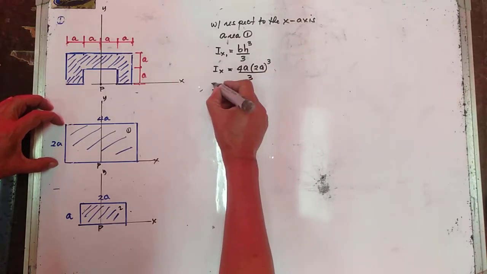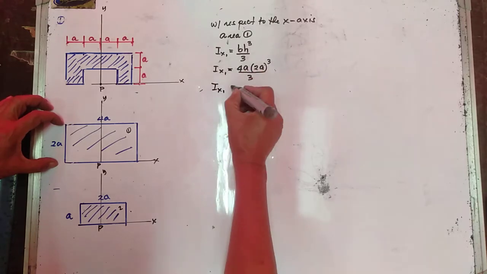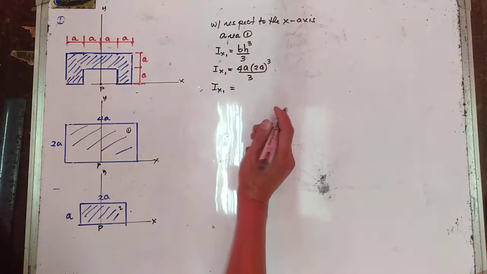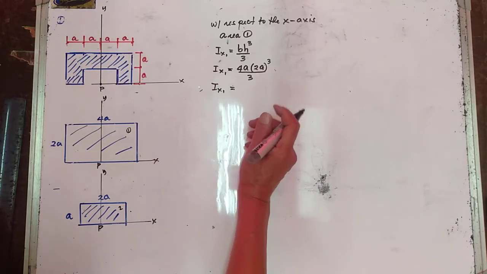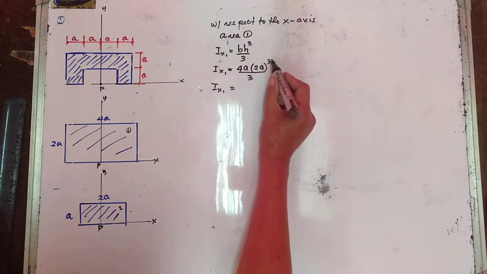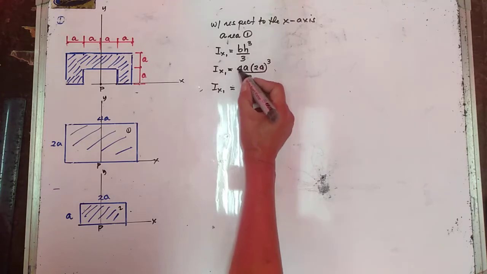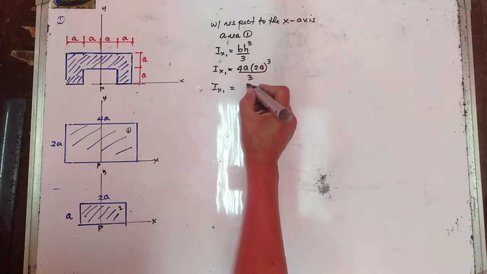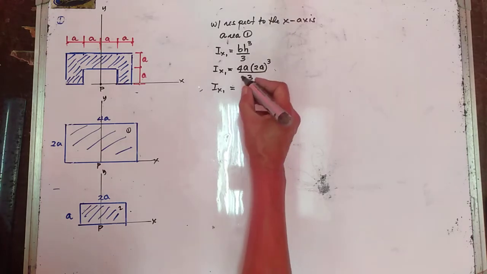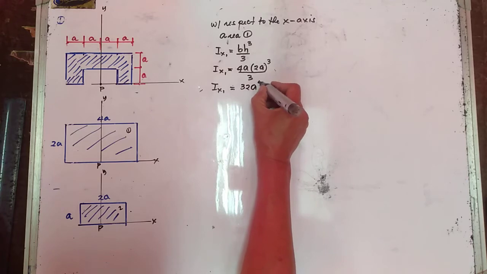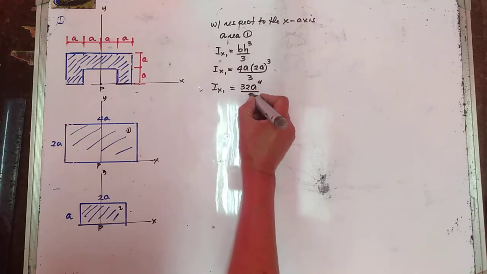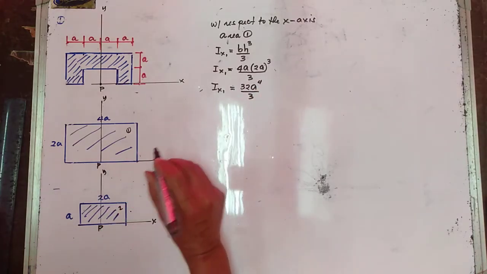So 2 cubed is 8 times 4 is 32. That is 32A to the fourth all over 3.